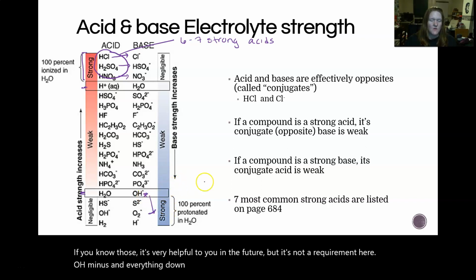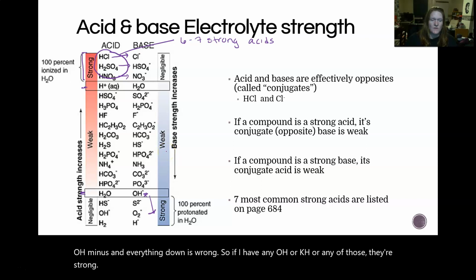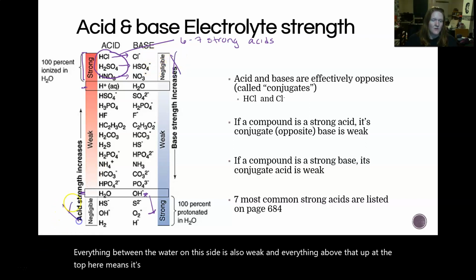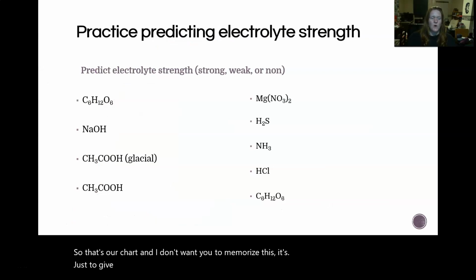So if I have NaOH or KOH or any of those, they're strong. Everything between the water on this side is also weak. And everything above that, up at the top here, means it's not a base at all. Down here means it's not an acid at all. So that's our chart. And I don't want you to memorize this. It's just to give you a sense for what it means to be strong or weak.